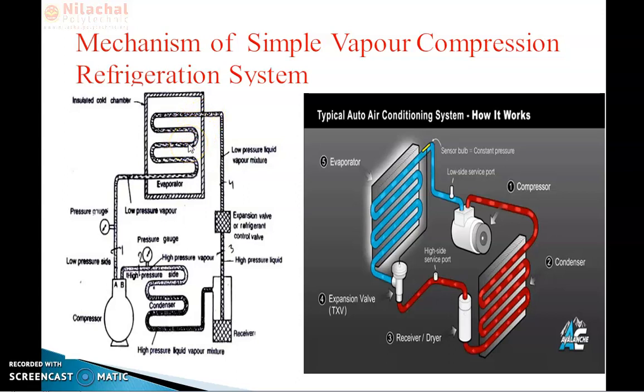In the evaporator, the liquid-vapor refrigerant absorbs the latent heat of vaporization from the medium which is to be cooled. So at the output of the evaporator, you are getting low pressure vapor.